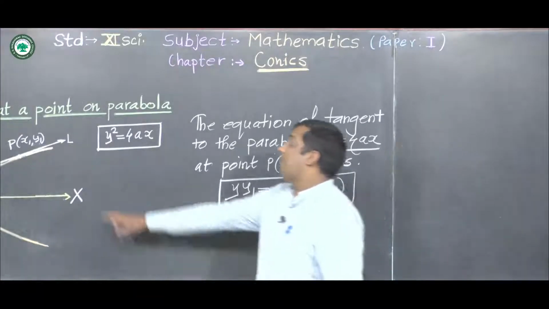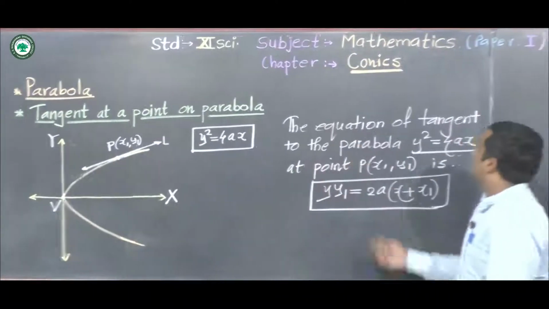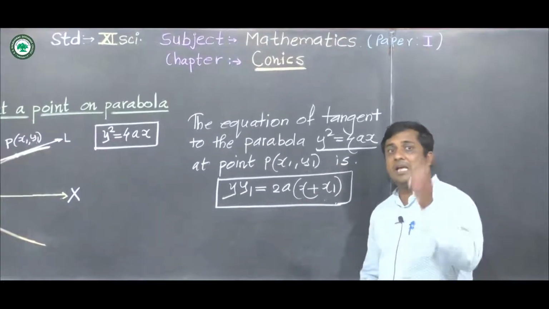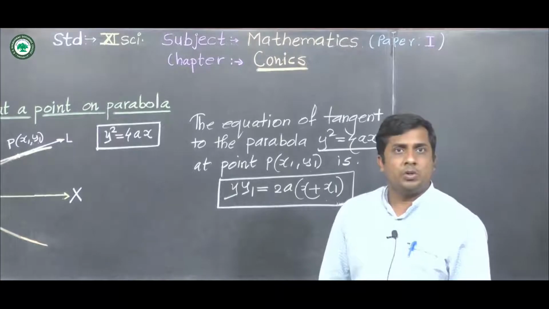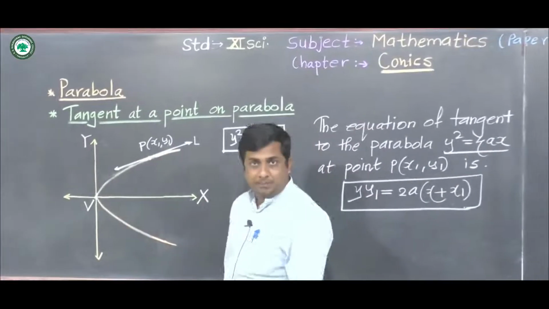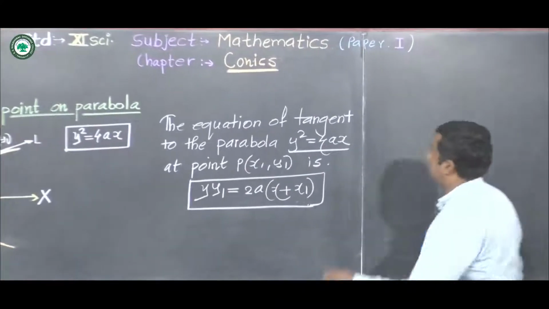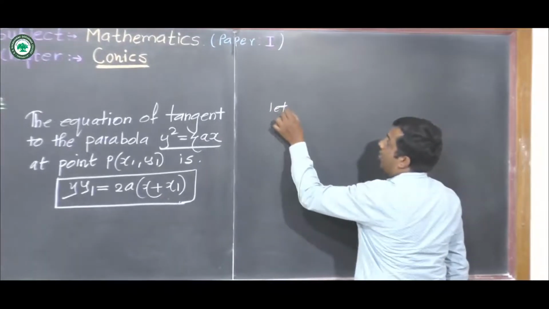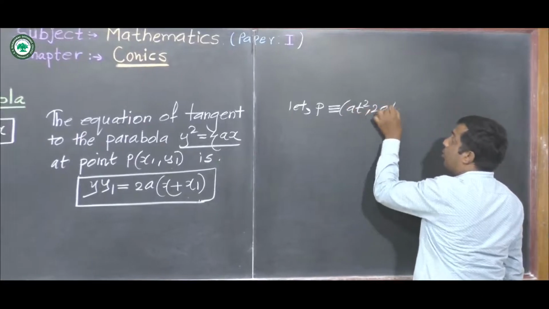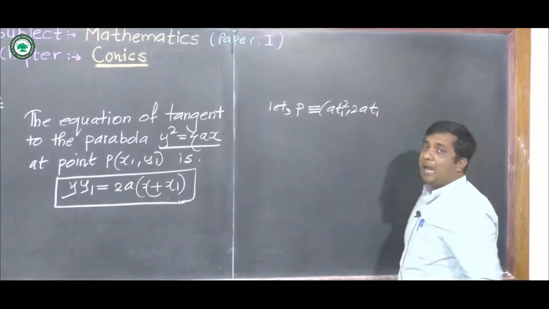Directly we consider one point on the tangent, we consider the equation of the parabola, and we define this type of equation as the equation of tangent. Suppose at point P we consider a parameter t1. That is, we consider the coordinates of P as a t1 square, comma 2a t1. Here we use t1 to define the parameter.